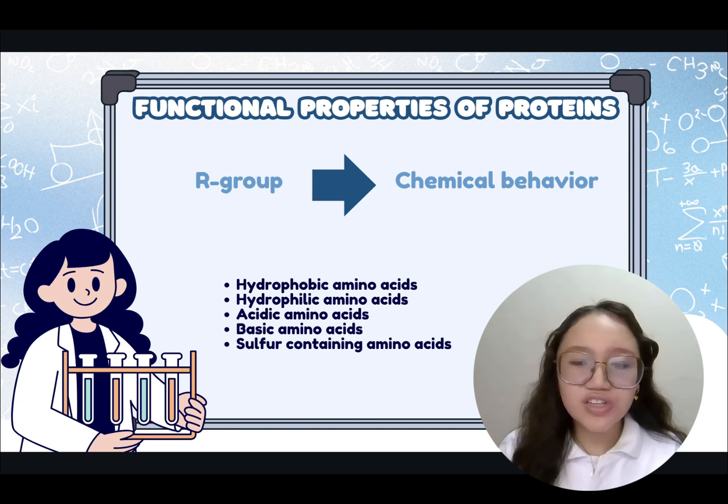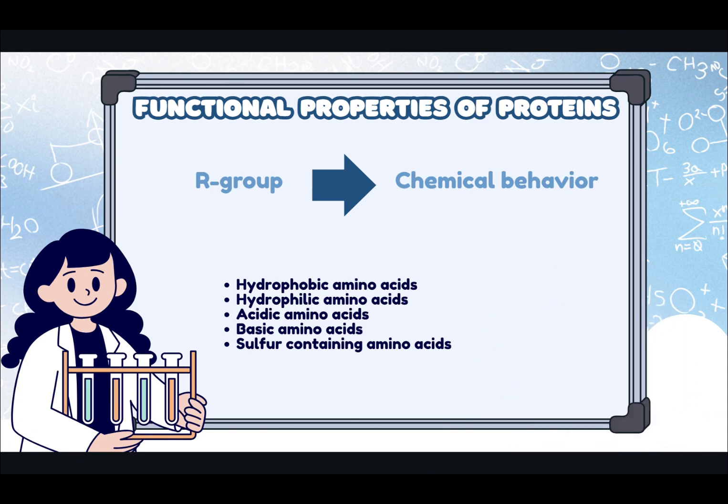The unique sulfur-containing amino acid, cysteine, can form disulfide bonds with another cysteine, creating strong covalent links that stabilize protein structures, particularly in secreted proteins like antibodies.